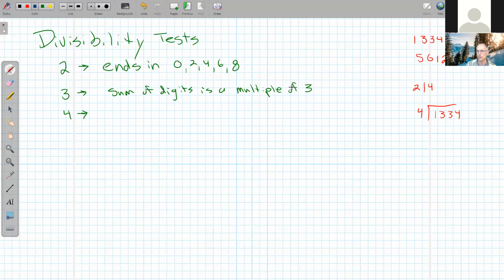I'll use that short division technique. 4 goes into 13, 3 times, remainder 1, but 4 does not go into 14 evenly. It goes in there 3 times, remainder 2. So it's not enough to have an even digit at the end there, but it's close.